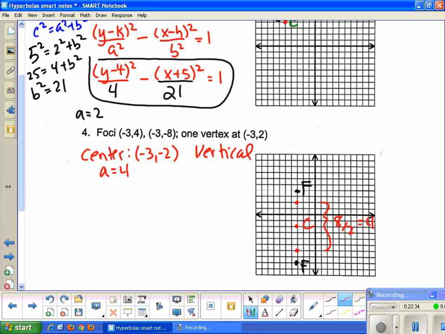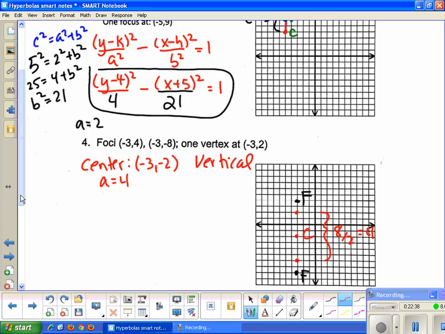So I know I'm going to use the equation that I used from the last one, which was up above if you don't remember. So then for this one, we start writing our equation. So we have y, remember this is your h and your k, so y minus -2, which becomes +2 squared, minus x minus -3, so +3 squared. We know this is all going to be equal to 1. I know my a value is 4, so 4 squared is 16. I just need to figure out what b squared is equal to.